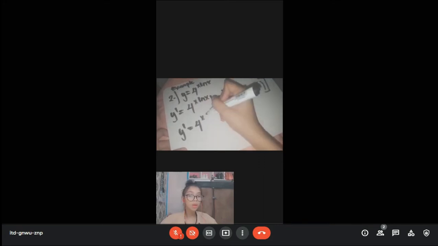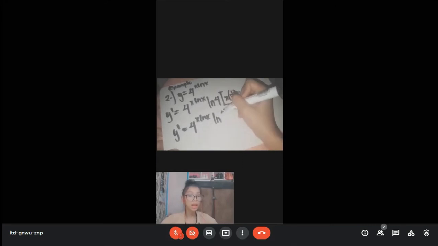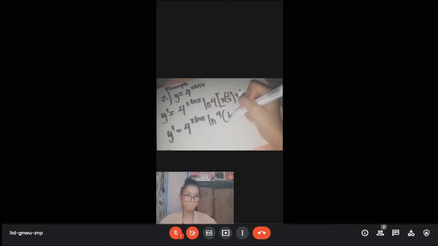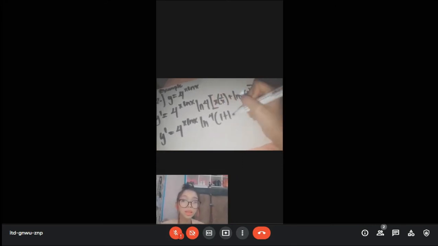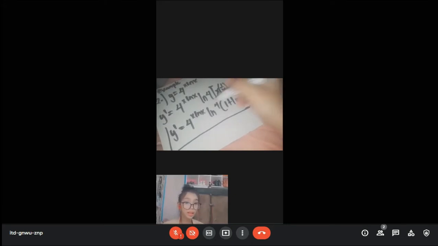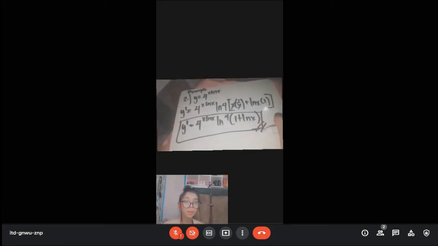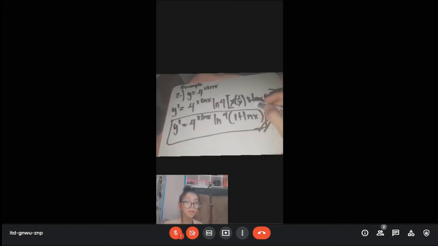Copy the first term ng derivative ng ln x. Ang derivative ng ln x, so that is fraction. Yung numerator ay derivative ng x. So that is 1. Then, copy the x sa denominator plus ln x multiply sa derivative ng x, which is 1.